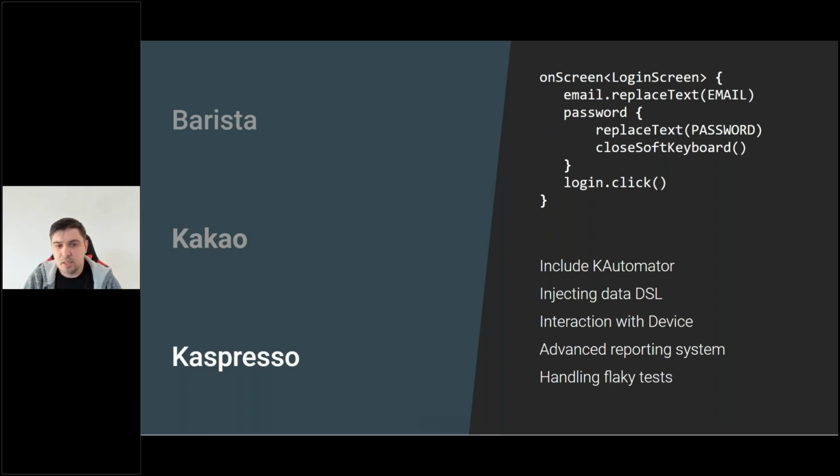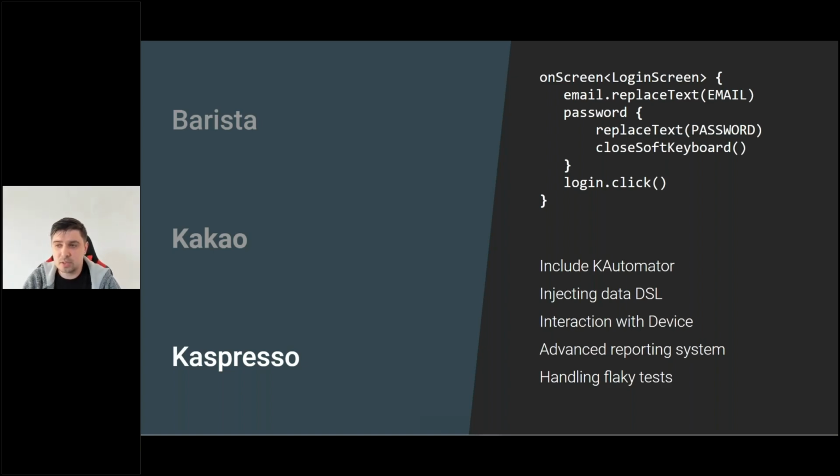It's an improved version of UI Automator, because in UI Automator, when you find different elements, you will have a delay of 500 milliseconds. In K-Automator, this delay is reduced to 250 milliseconds. So your test just will be faster.